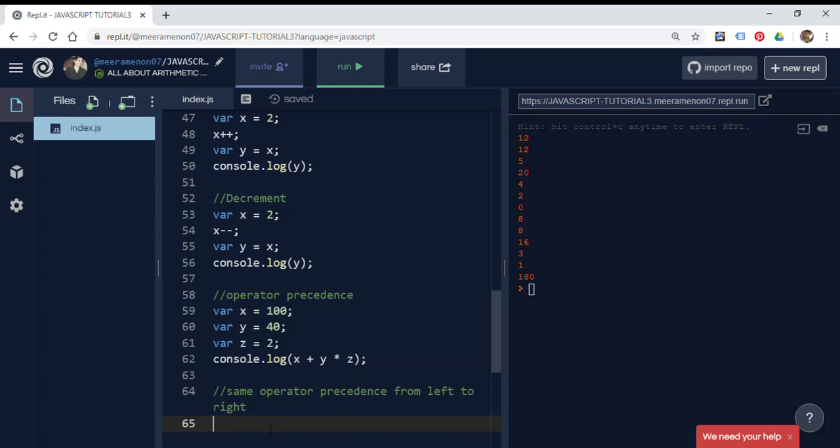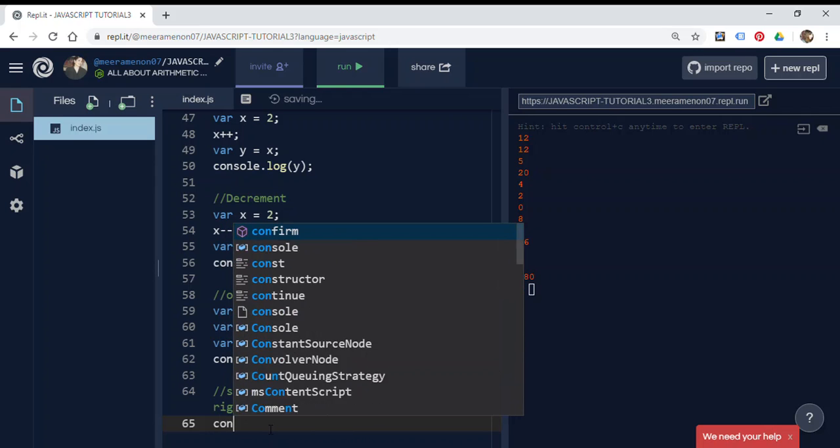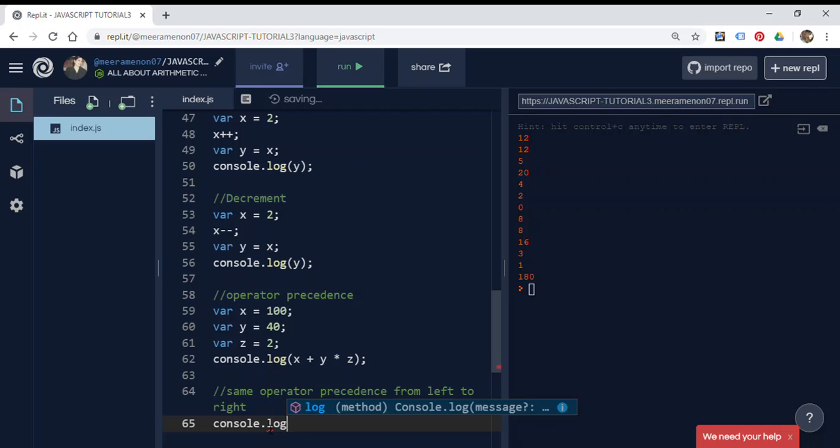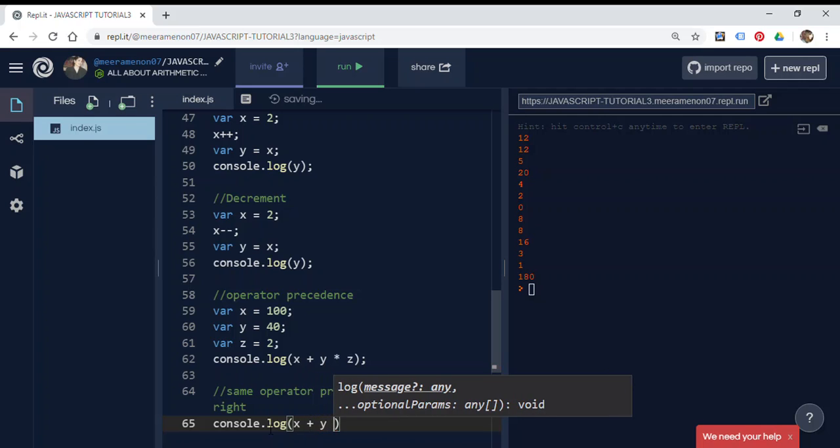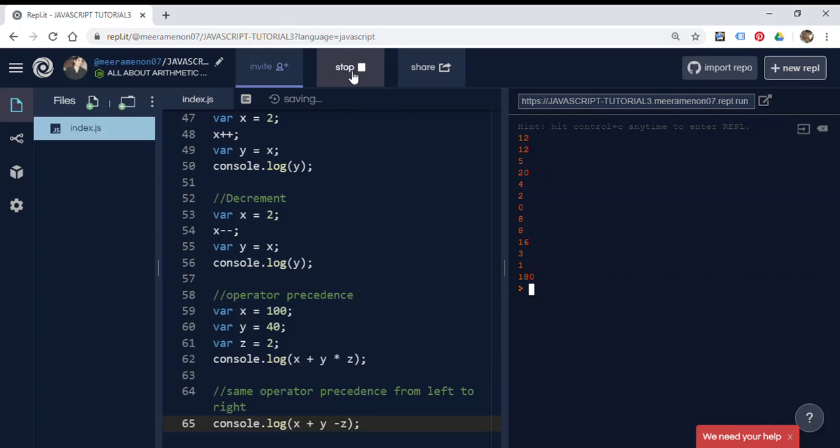Let's see. For the same above numbers, if I say console.log x plus y minus z, and then I run, this becomes 138, the result.